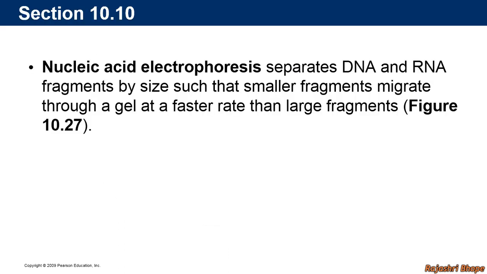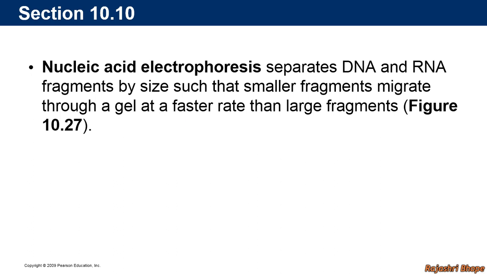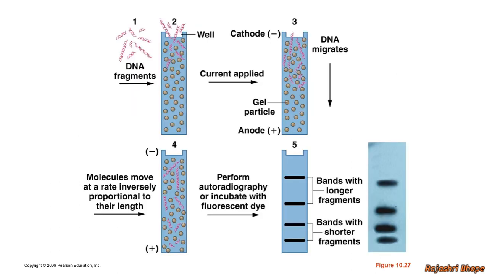Then electrophoresis separates DNA and RNA fragments by size, such that smaller fragments migrate through the gel faster than the larger fragments. So this is the gel which is formed.